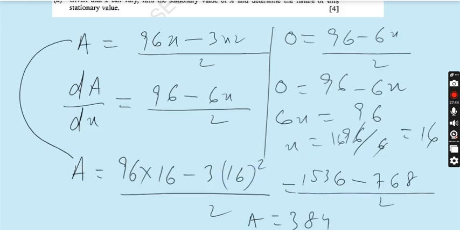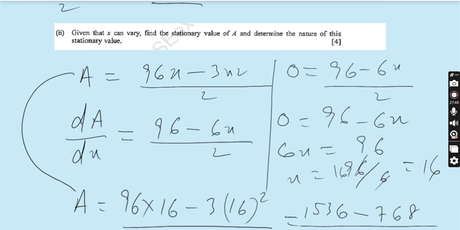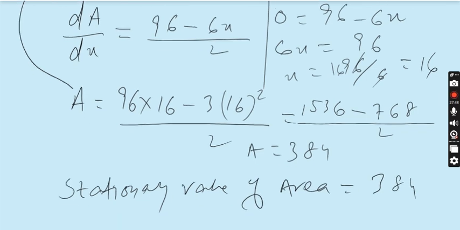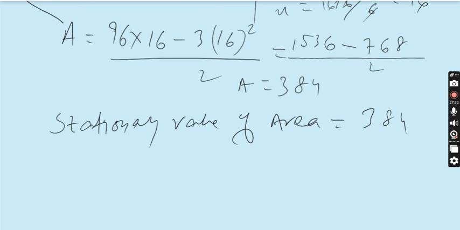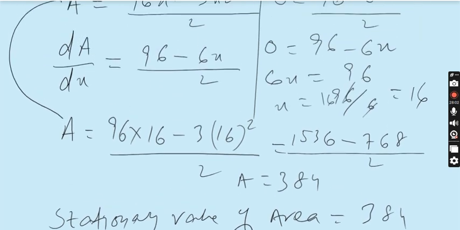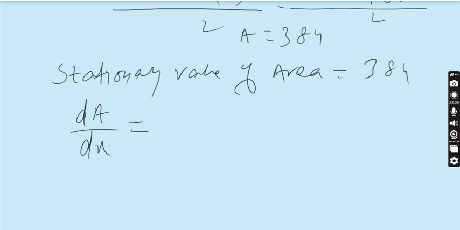Now the next requirement is determine the nature of this stationary value. How to find the nature? Write the derivative dA by dx, which we just found. What was the answer? 96 minus 6x upon 2.